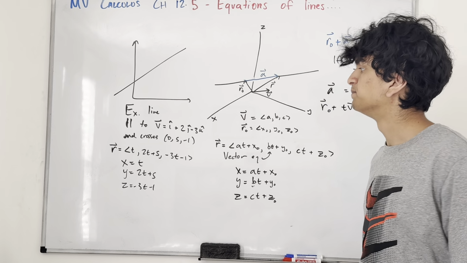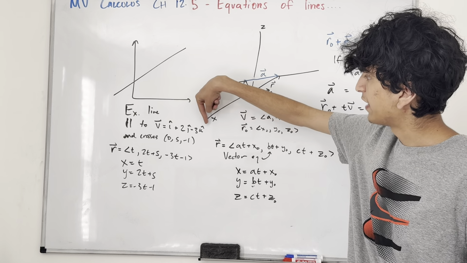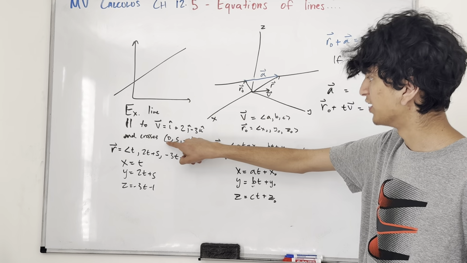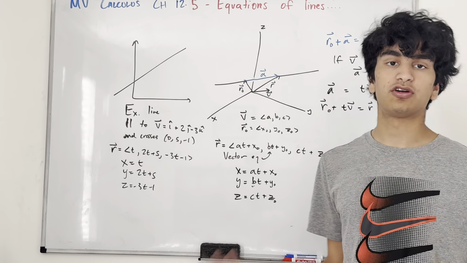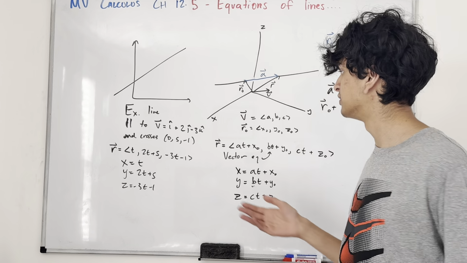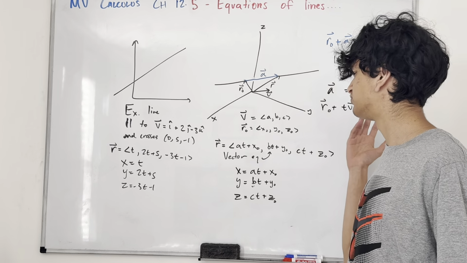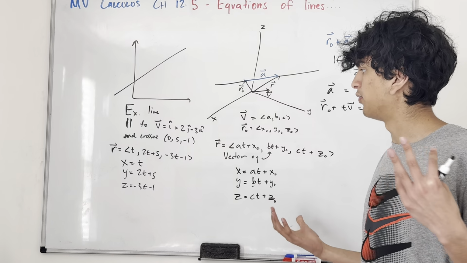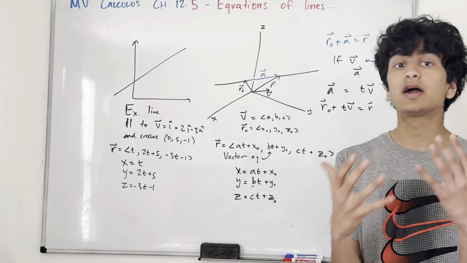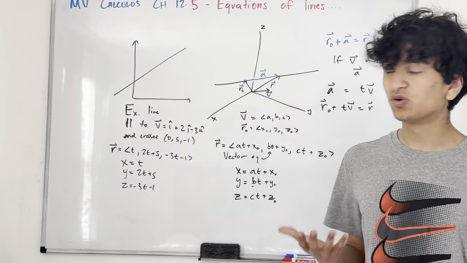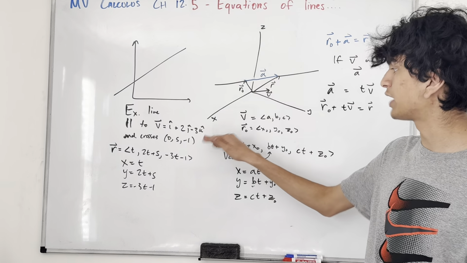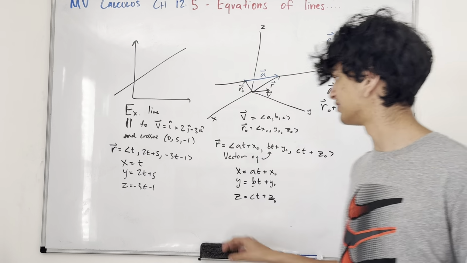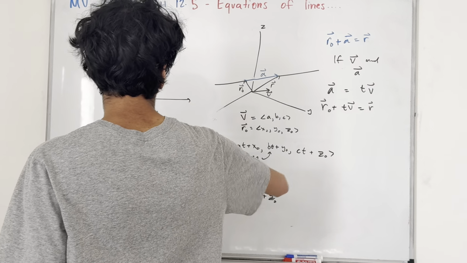Because this parallel vector is (1, 2, -3), so if I add (1, 2, -3), I know it'll also cross the point (1, 7, -4), and I can set that as my t equals 0, and then I get a different equation. But when I plug in something like t equals -1 to this new equation, I would still get this point. So there are infinite equations of lines. Just keep that in mind.